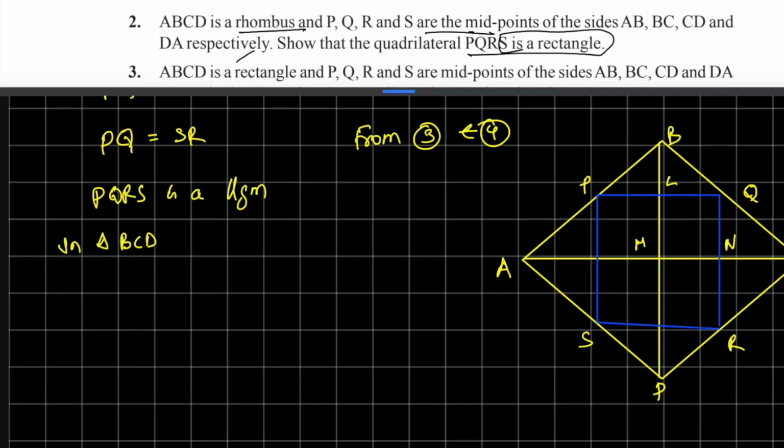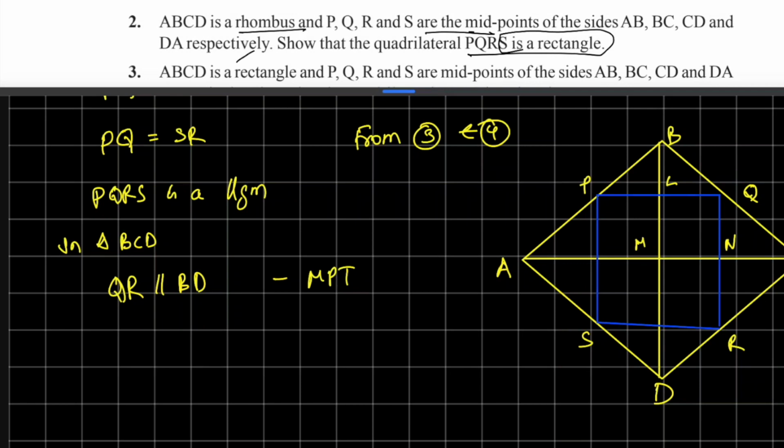Since Q is the midpoint of BC and R is the midpoint of CD, by the midpoint theorem we can say that QR is parallel to BD.